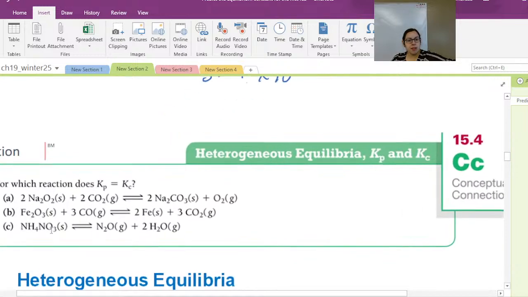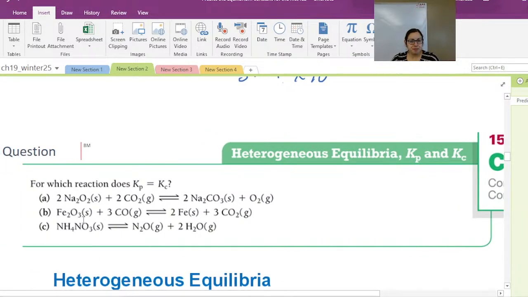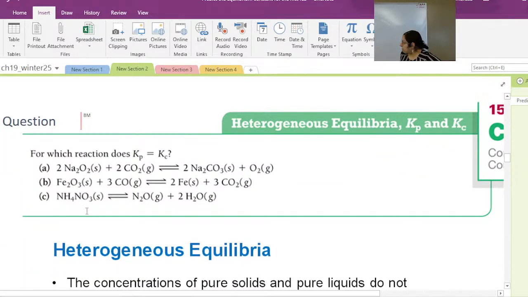So now let's look at this one. Now we just want to identify where Kp equals Kc. Just take a moment to look at those reactions, comparing A, B, C. What are you really trying to answer here?